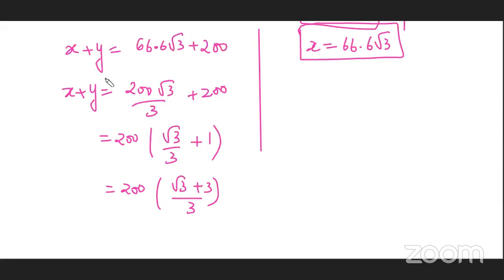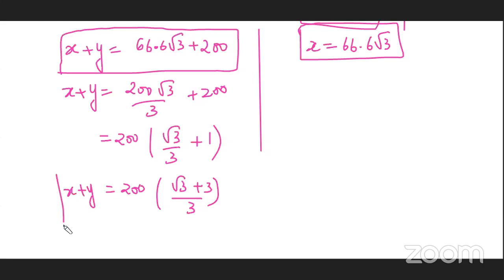Yes, ma'am. So you can either leave it in decimal like this, or when you are keeping it in fractions, you have to find the LCM, take the common out and leave it like that. If the value of square root 3 is given, then you'll apply that. Otherwise, you leave the answer here. Unless the question tells you the value of root 3, you keep it as root 3.